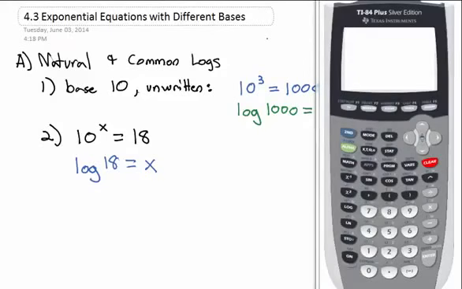What I'll notice on my calculator is there is a log button right next to the 7. No base is written. So that assumes the base is 10. So we can type in log 18 and close the parentheses. And when we hit enter, we find out the value for that. Our value for x is 1.255.